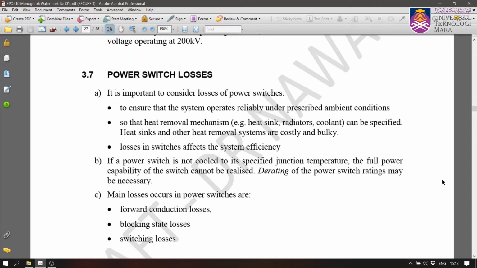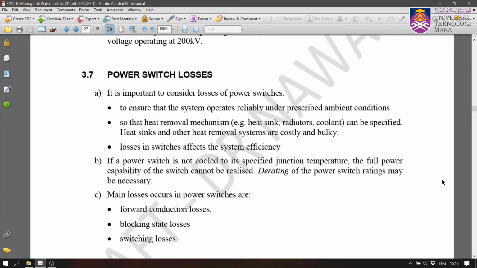Losses in the switch affect the system efficiency, of course. So if a power switch is not cooled to its specified junction temperature, the full power capability of the switch cannot be realized. Derating of the power switch ratings may be necessary. What does it mean? Derating is, for example, a MOSFET that can handle a maximum of 2000 volts. But because of the losses, it creates heat in the device.